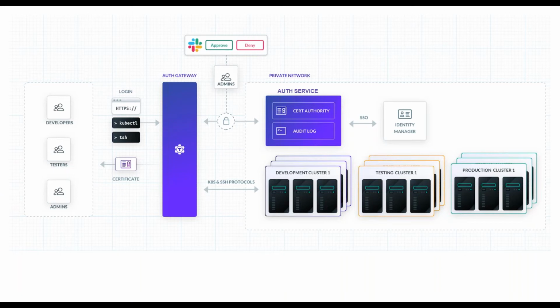type of automated job. Typically up to now, a lot of organizations have used static keys or passwords to access various SSH resources, and Gravitational chose to go for a certificate-based approach. There are several reasons for that, namely that certificates allow you to box in a specific time that you're authenticated for.